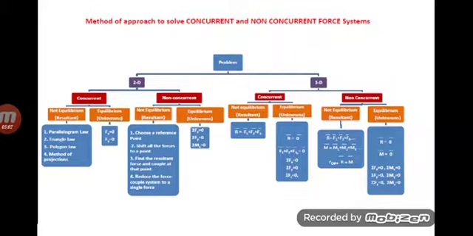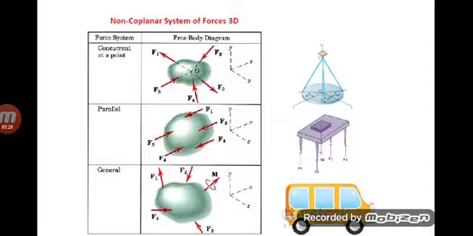Fourth, reduce the force-couple system to a single force. So if many forces are there, first choose a reference point, then shift all the forces to that point, then find the resultant force and couple, then convert it to a single force. So that is the second method.